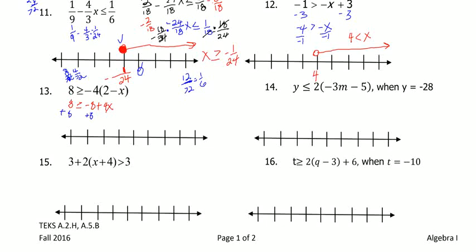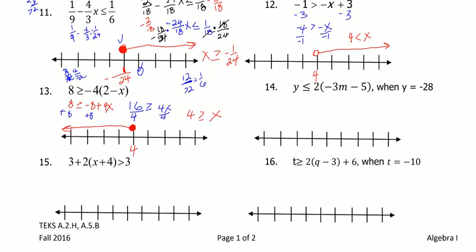Then we divide each side by 4, leaving us with 4 greater than or equal to x. So we're going to go with a 4 in the middle, a closed dot, and x is smaller, so we're going to go that way. And done.